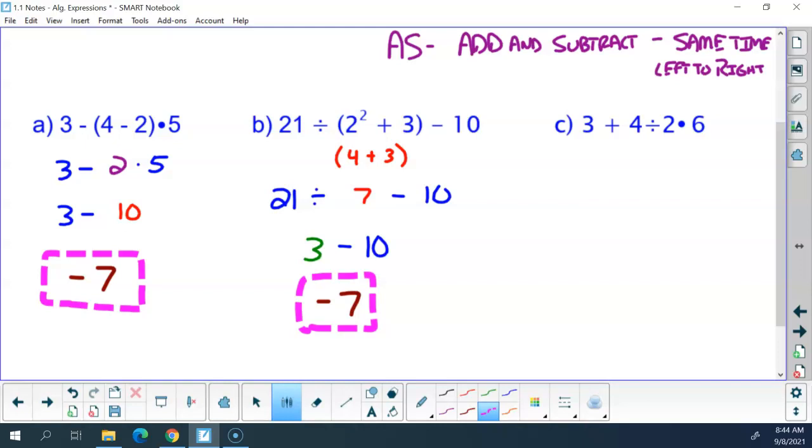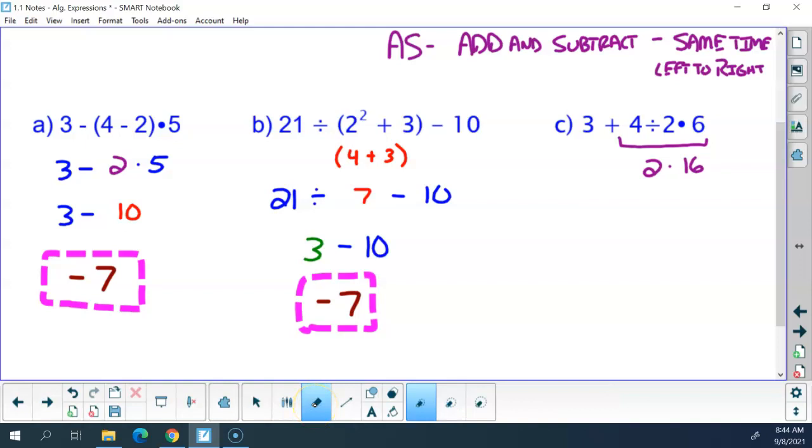Number 3, or letter C, I should say. Okay. So the first thing that I'm going to do is I am going to do this whole conglomerate at the same time. There's no parentheses, there's no exponents, so I'm going to do multiplication and division at the same time, left to right. So this is 4 divided by 2 is 2 times 6, oops, not times 16.